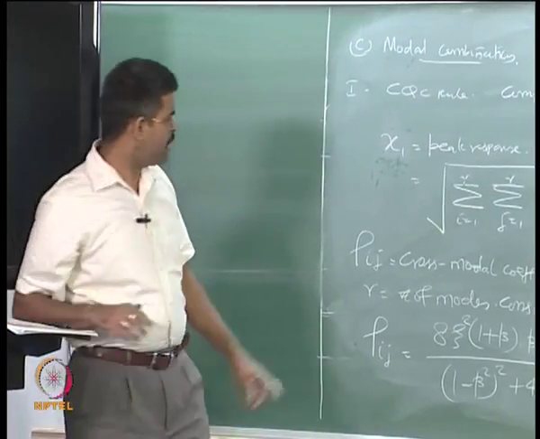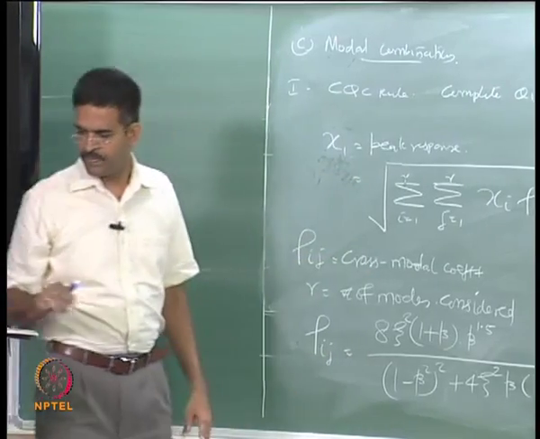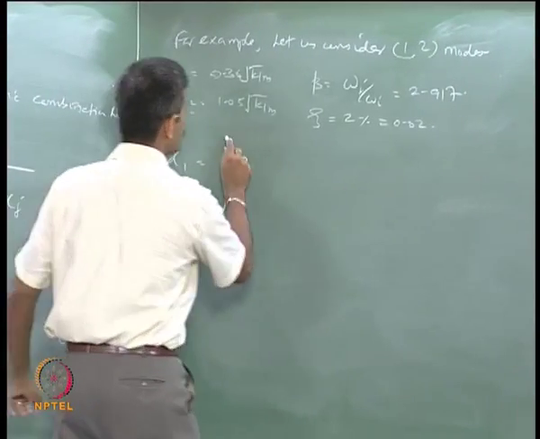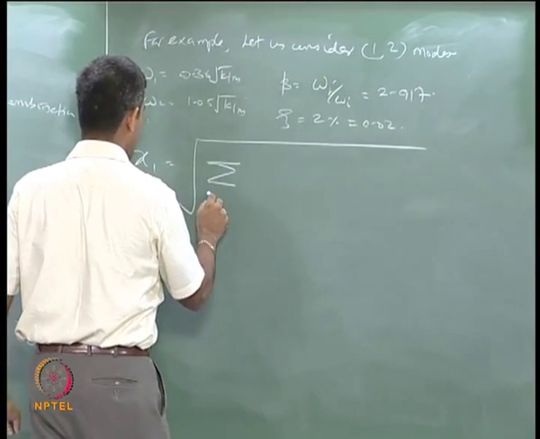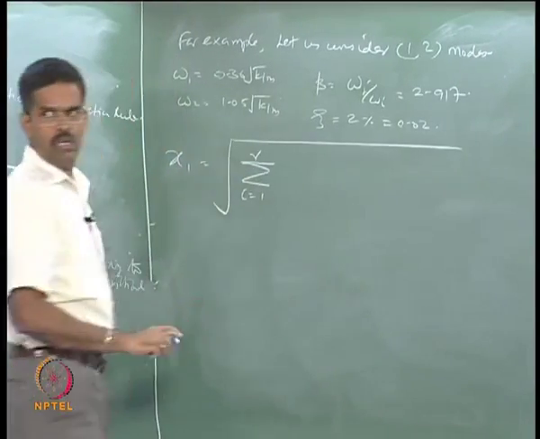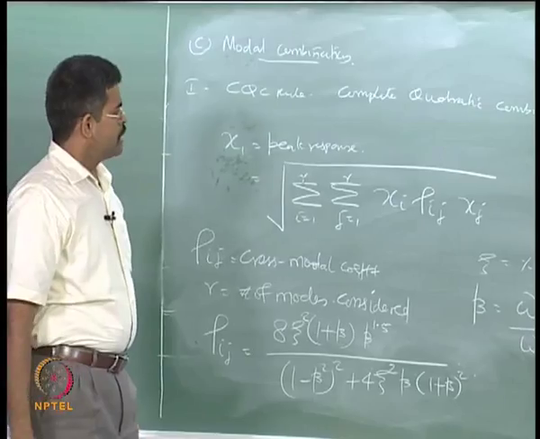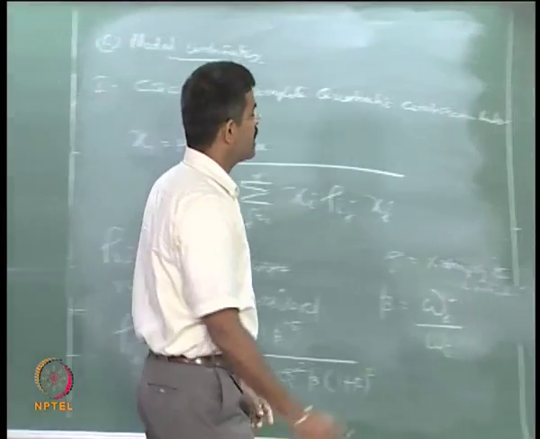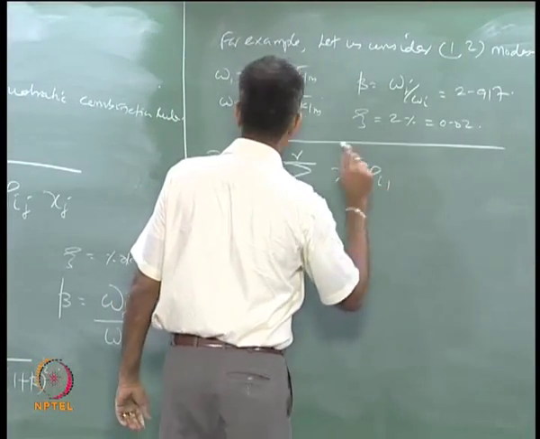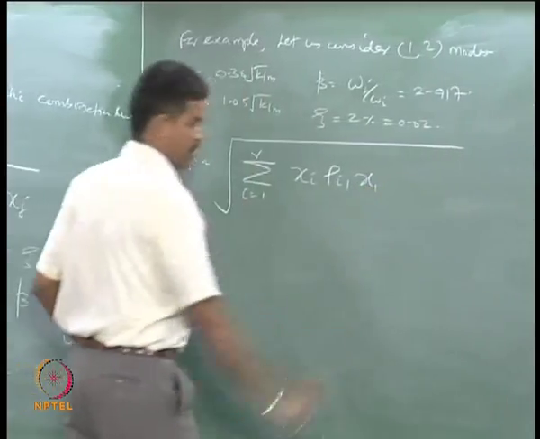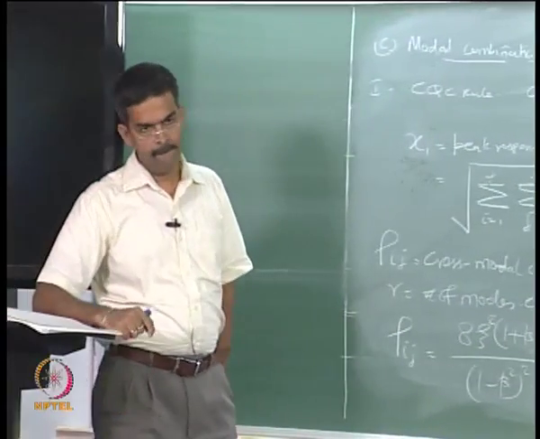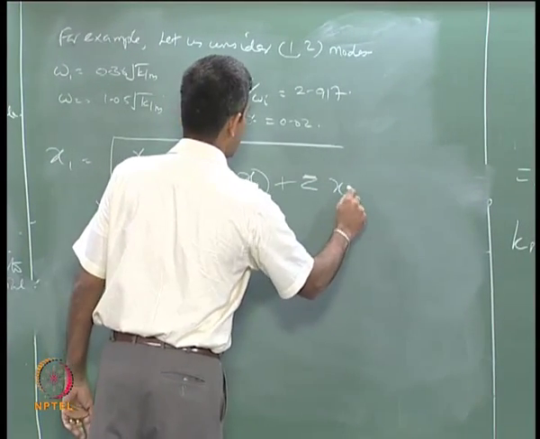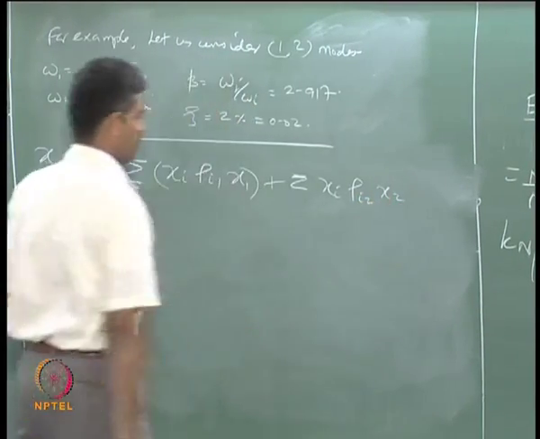Now let us expand this equation. See how do I write this? Let us say x1 will now become the square root of, I retain one summation for the time being, i equal to 1 to r. Expand the inner summation then. So I should say summation of x_i rho_i1 x1, plus summation of x_i rho_i2 x2.